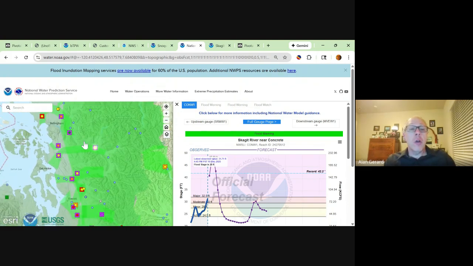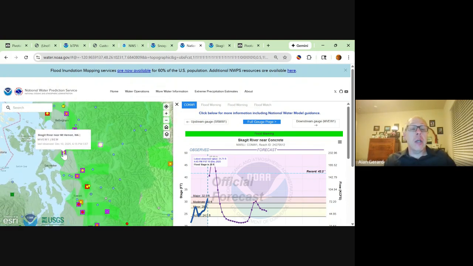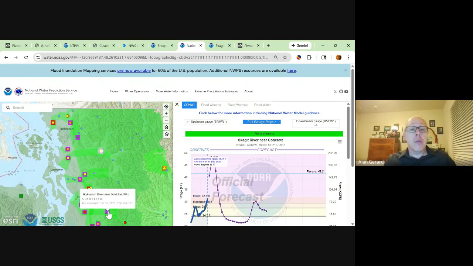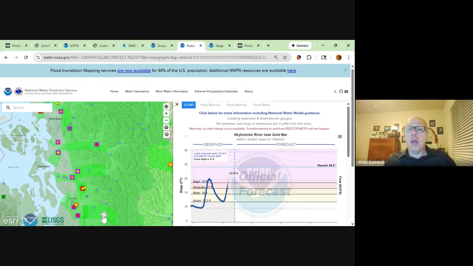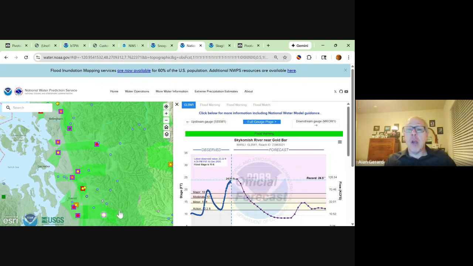Another river that we're looking at here is, let's get it down here. The Skykomish is another river that is forecast to see near record flooding. You can see it's actually very near the record right now. It got up to about 24 feet here at Gold Bar.